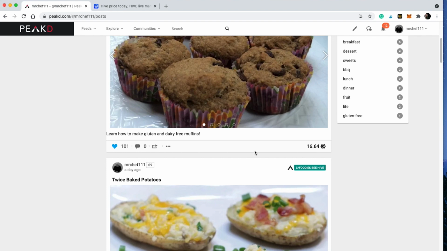And so again, if you look at the payout, it's a 50-50 split. So I will get 50% of that, and then the curators will get their share of whatever they upvoted. So if my upvote was worth 10 cents, if I upvote your content, if I curate your content, automatically I'm giving myself back 5 cents, and you're getting 5 cents.